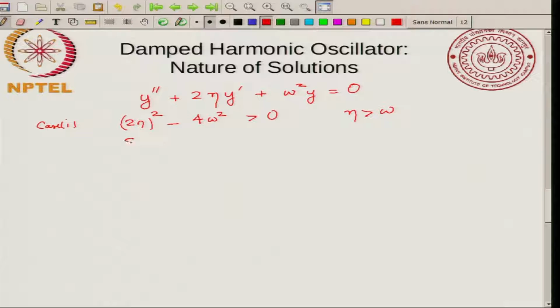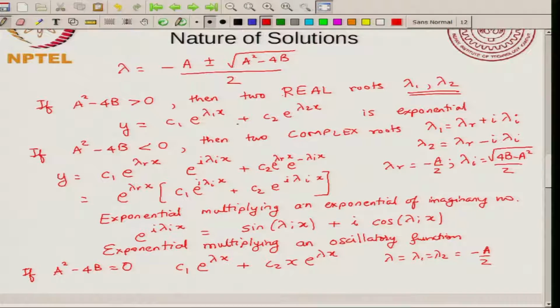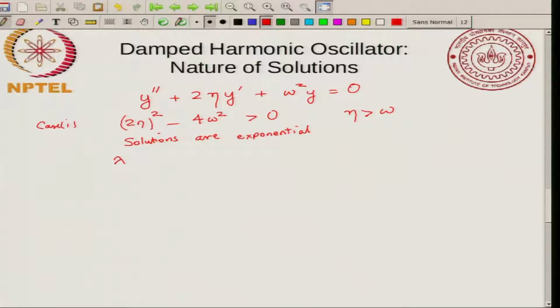So the solutions are exponential, and you will recall the solutions look like e to the lambda 1 x and e to the lambda 2 x, where lambda 1 and lambda 2 have this form. I will write it explicitly. Lambda equals minus eta plus or minus square root of eta square minus omega square.